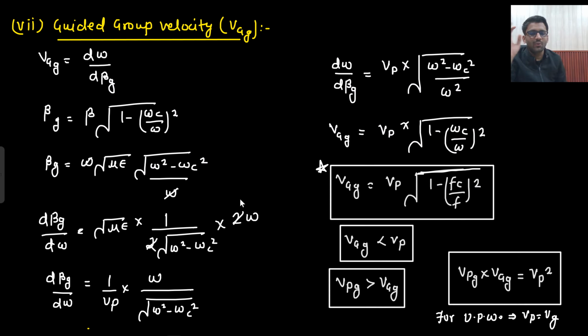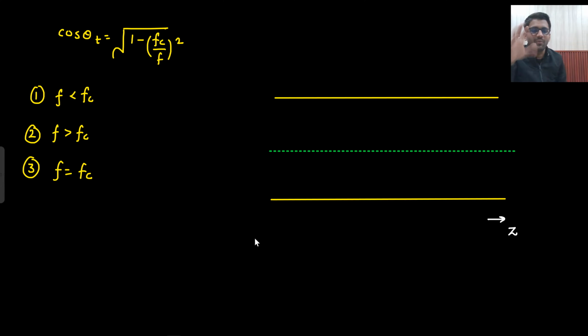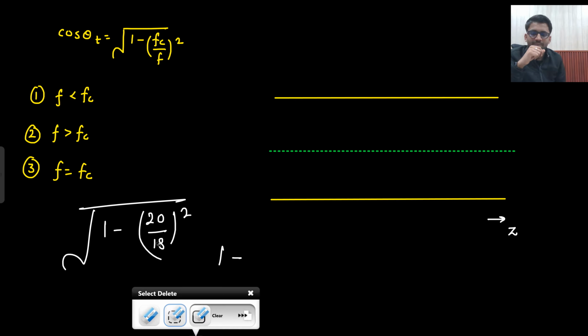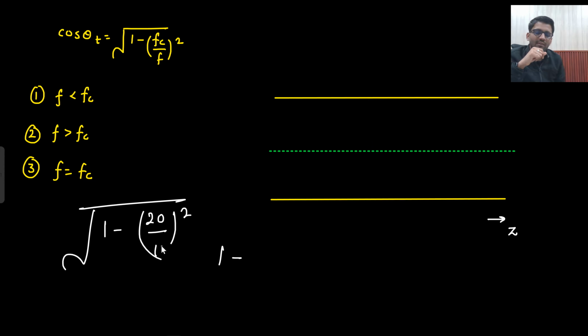Now you can write down all these formulas in terms of cos theta t as well. So let's write down the summary. But before that, let's see something. If your f is less than fc, let's say fc is 20 and f is 10, then fc by f is 2, so you get minus under root 3 equal to cos theta t.